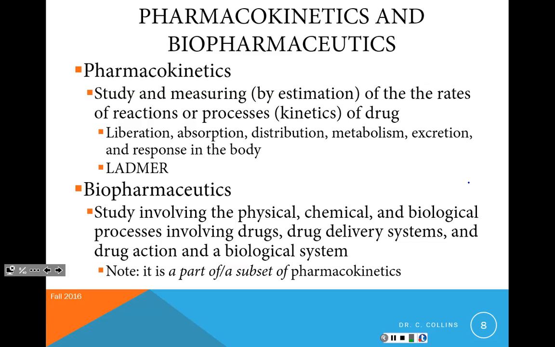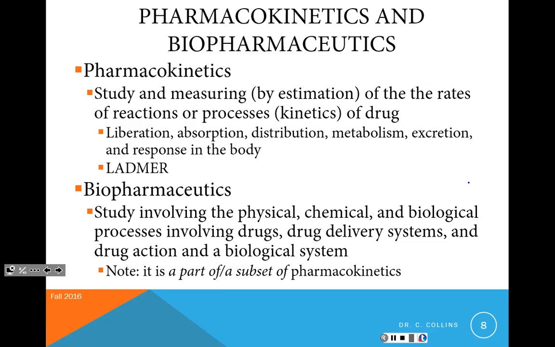Biopharmaceutics is the subset of that, involving the physical, chemical, biological processes involving drugs, drug delivery systems, drug action, and their interactions with a biological system. So biopharmaceutics deals with how much drug to put in, where it's absorbed, how it's administered, what drug delivery system, all that type of thing.